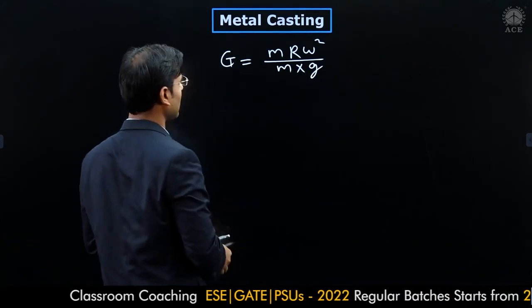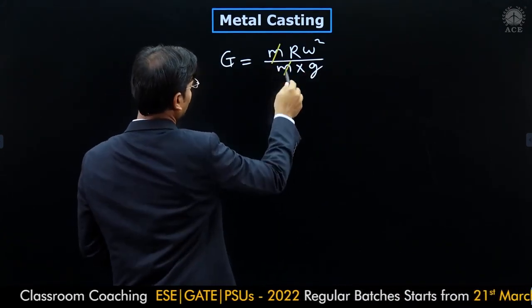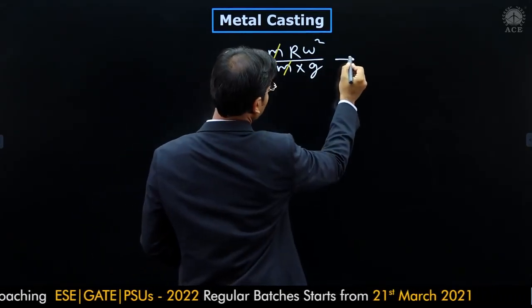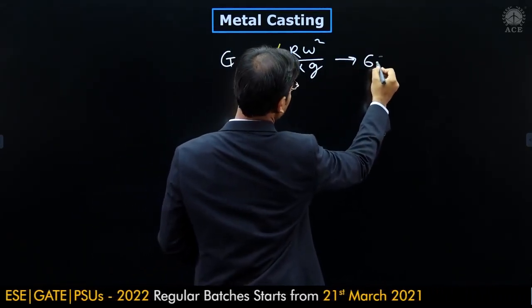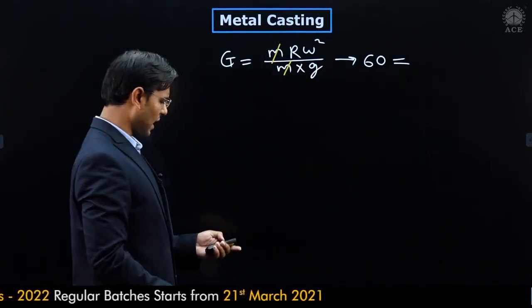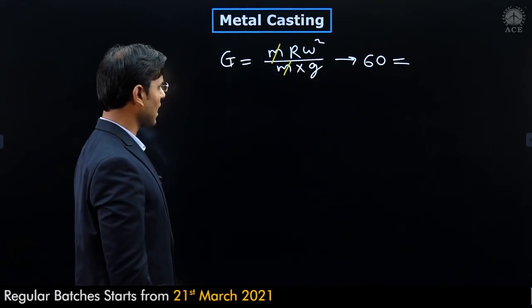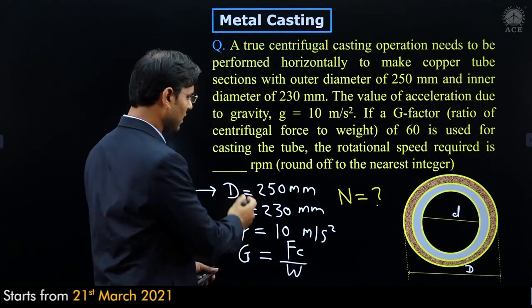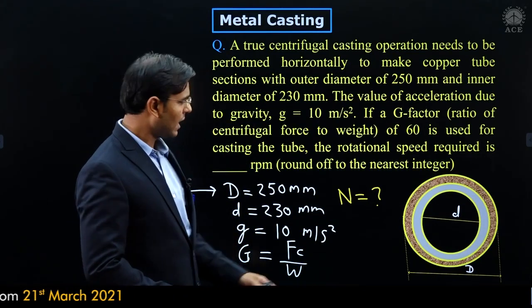Now you can see here the m is going to cancel. Now putting the value. Now what is the value of G? G is given, that is 60, equal to capital R. What is the capital R? Just see here. What is the capital R? You can see the capital D. What is the capital D?